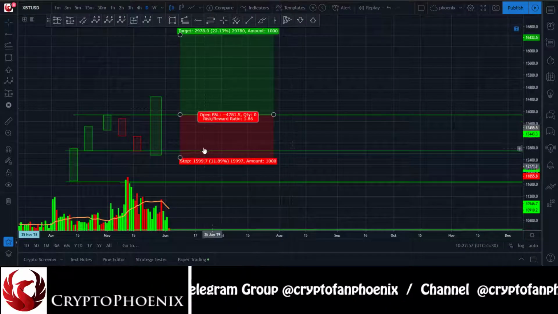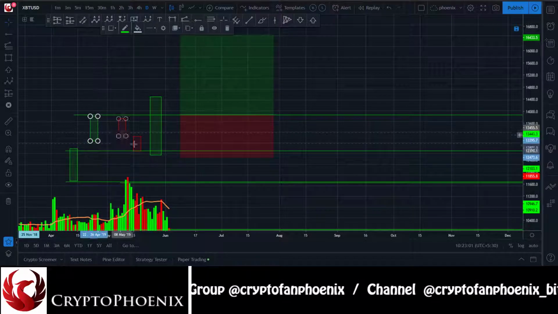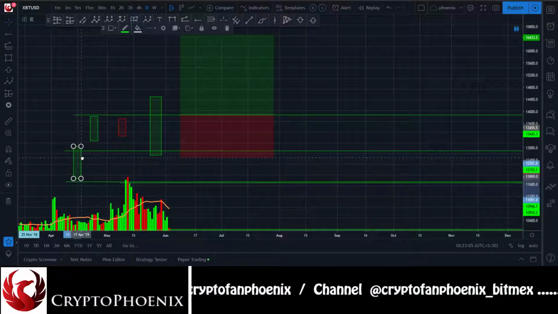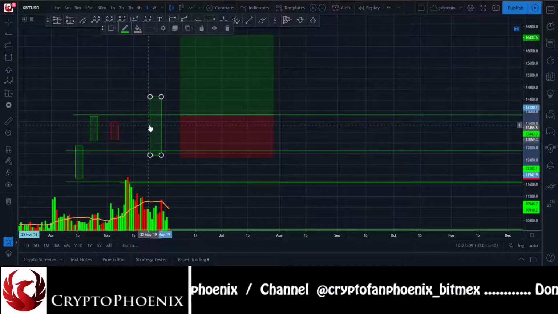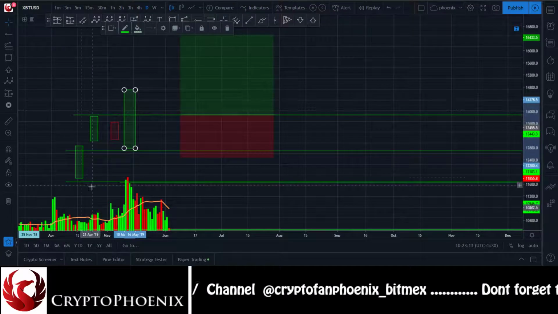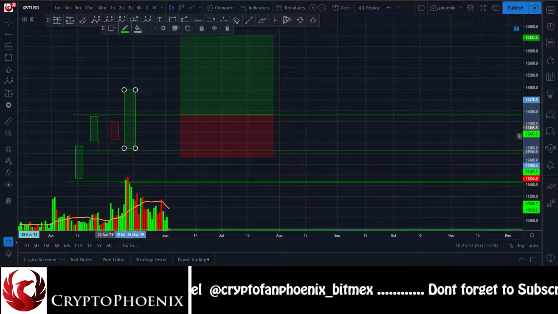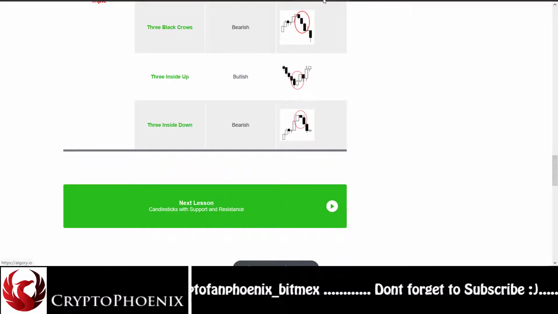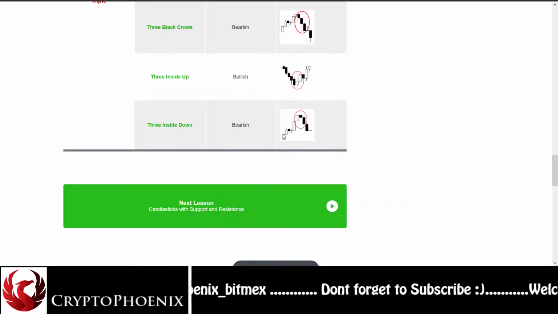What does inside up mean? Whenever you find two candles followed by one single pullback like this, and then a third candle has to go upside. So these two candles go upside, this is inside, and up. It's called an inside up candle because it's a bullish candle. Inside up is a bullish candle, inside down is a bearish candle.